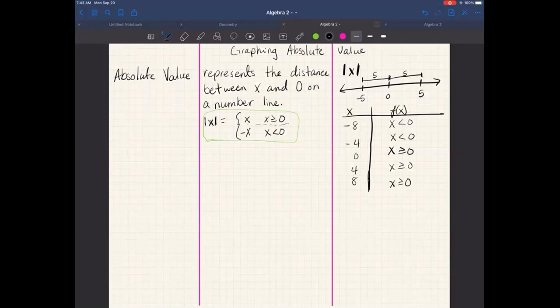Now, when it comes to graphing, there's a general transformation, I don't know how I want to call this, formula or equation. We'll say equation.